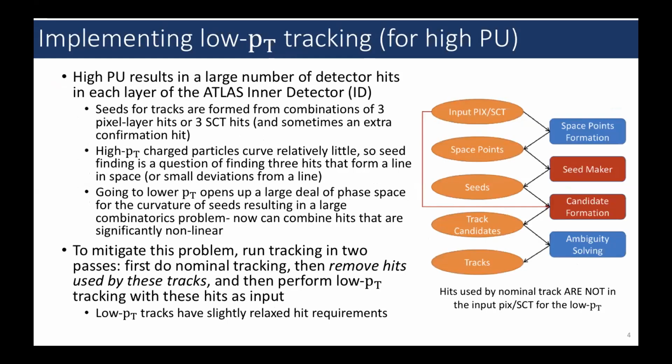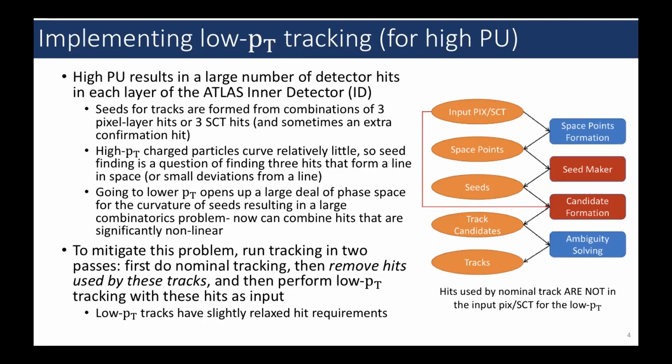So the main challenge that comes along with high pileup, of course, for us, is a large multiplicity of hits within the ATLAS inner detector. So in ATLAS, tracks are formed from seeds, and the seeds themselves are formed from combinations of 3 layers of hits. So either 3 pixel layer hits or 3 SCT hits, and occasionally an extra confirmation hit.